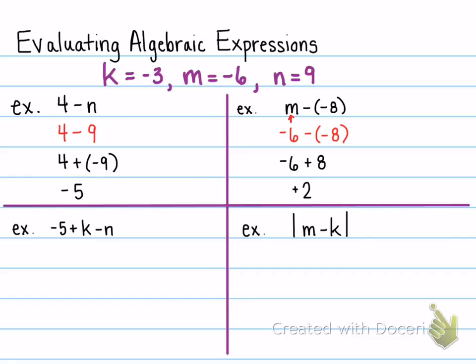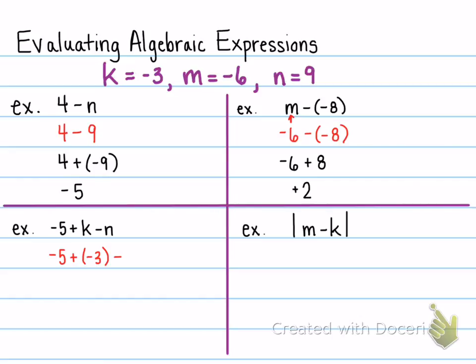Looking over at the bottom left, if I evaluate by plugging into these variables, negative 5 was negative 5, so it stays that way. I'm going to write that plus because it doesn't matter what the next number is. The plus will stay a plus. K is negative 3, so I'm going to write that in parentheses to show the difference between the plus and the minus.